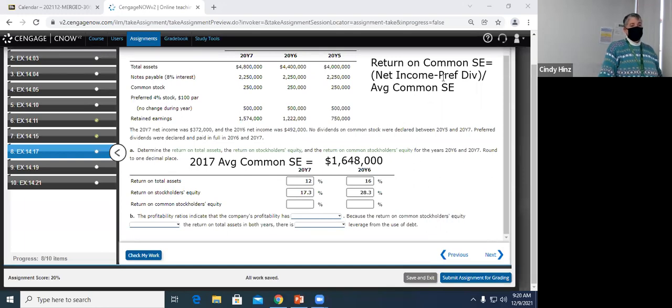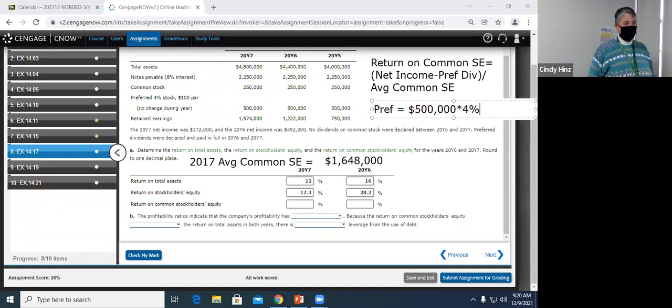The numerator then is net income minus preferred dividends. Well, we need to figure out how much the preferred dividends are. It tells us that preferred dividends were declared and paid in full for both years. So this is good review from chapter 12. What is our preferred dividend? The preferred dividend is the par value times the stated dividend rate, 4%.